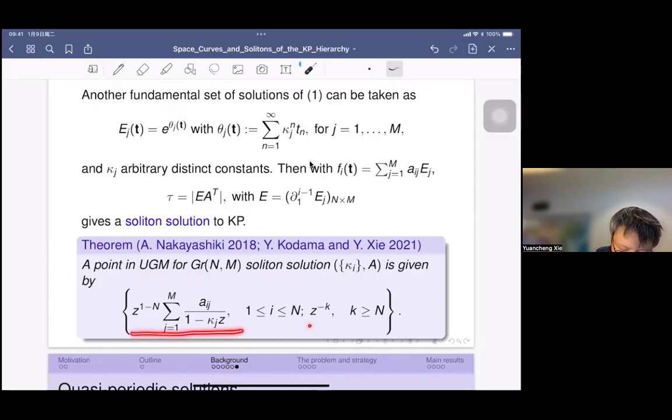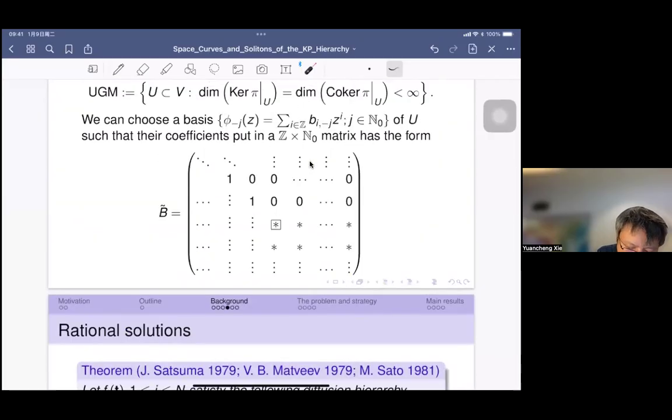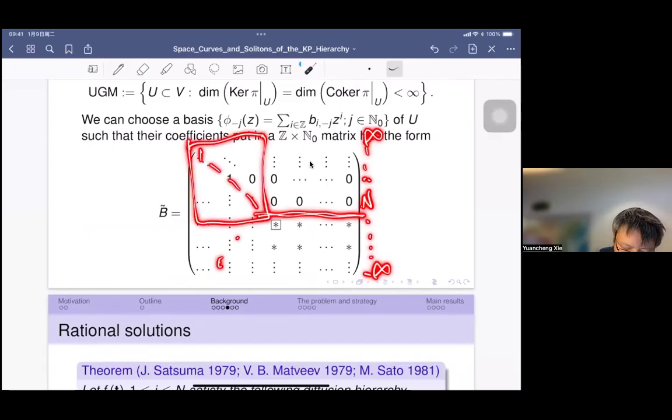it's nothing but this. You can see here that when k is bigger than n, it's z to the negative k. That means nothing but something like this. So this goes to positive infinity, this goes to negative infinity, and after the height n, this is the identity matrix. There's nothing here, so this is 0, this is 0, and then there's something non-trivial here.